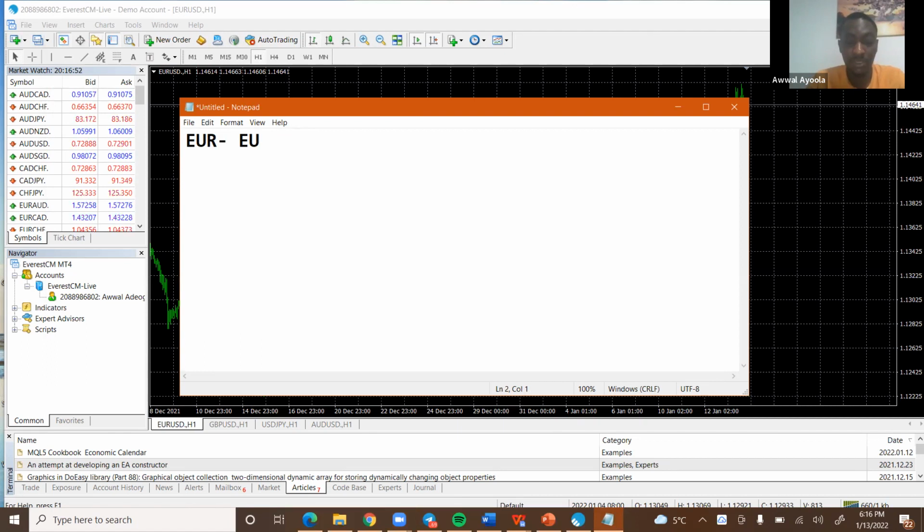Now the next currency we have is the CAD, the Canadian dollars. So those are the symbols. Mostly you see the symbols on your MT4. We have the New Zealand dollar.